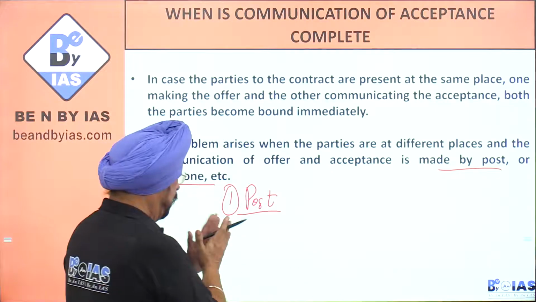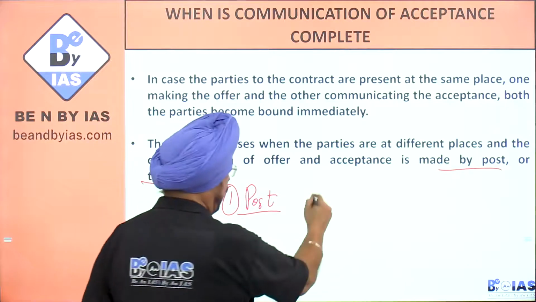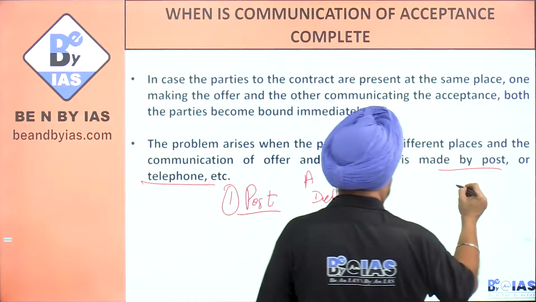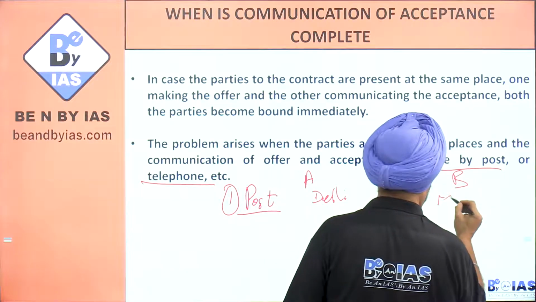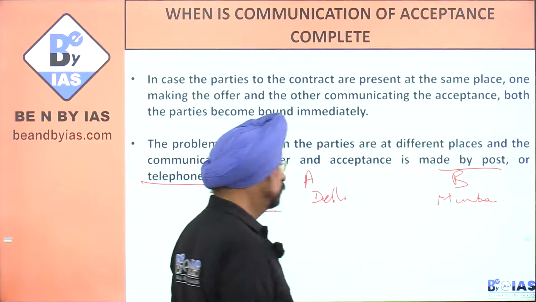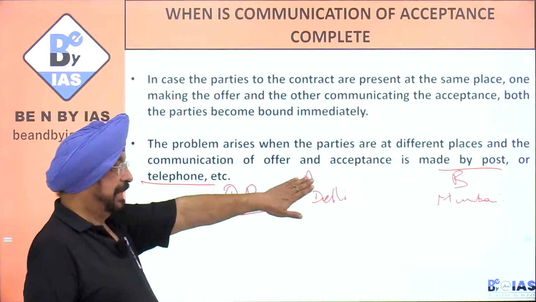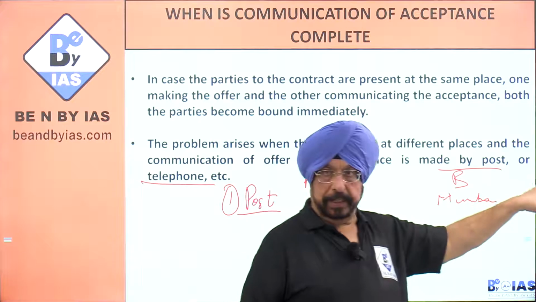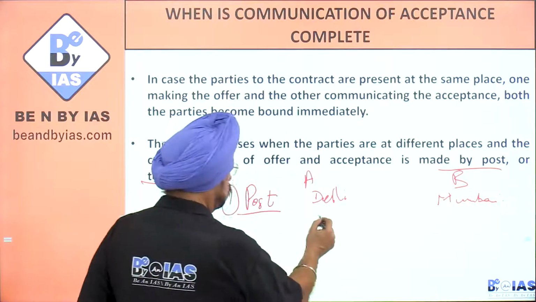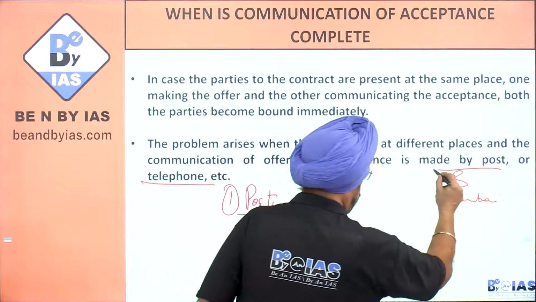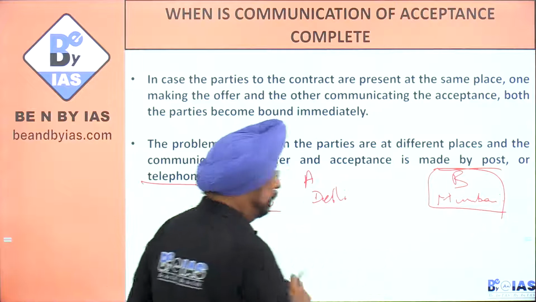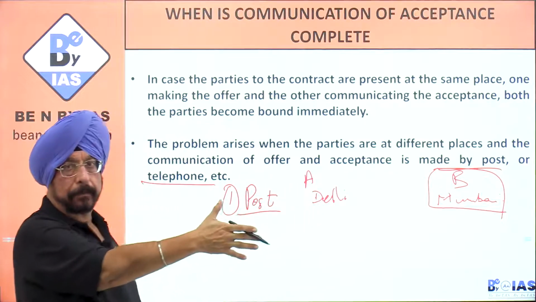Okay. Now what happens? A is in Delhi, B is in Mumbai. A has sent his offer to B through post. So when will it be communicated to B?